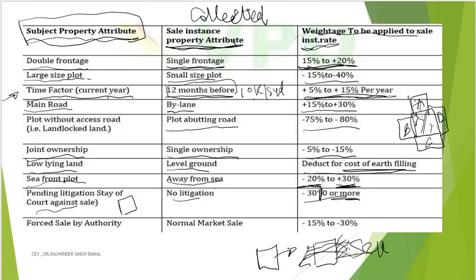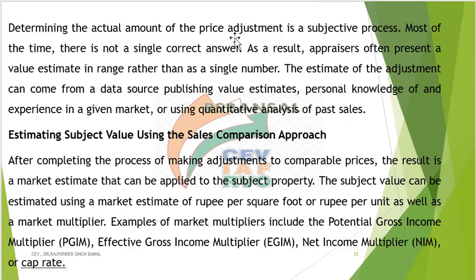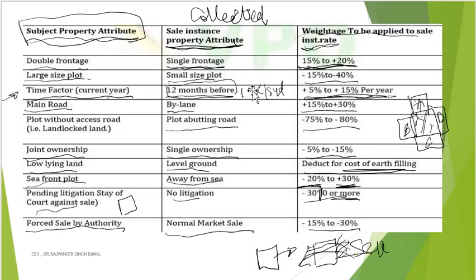Then if it is a forced sale by the authority, meaning the property is an NPA, and the comparable was a normal market sale, we may reduce the prices by 15 to 30%. This is the way you can provide weightages.